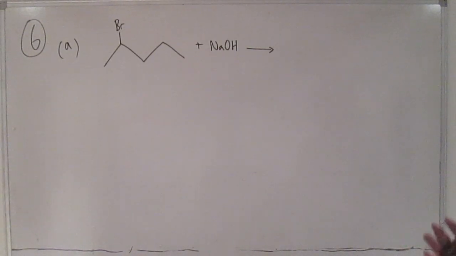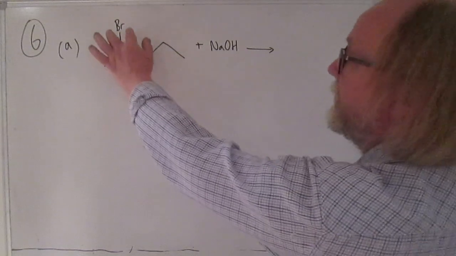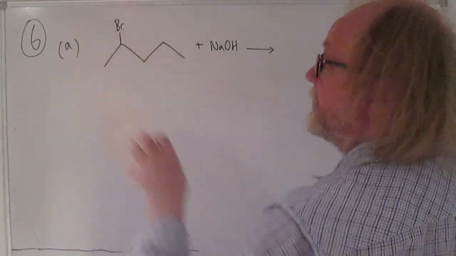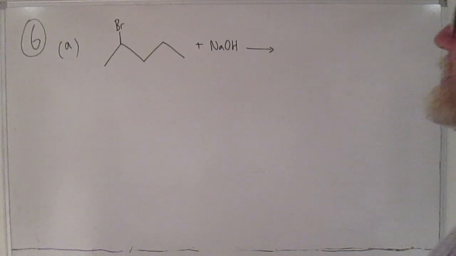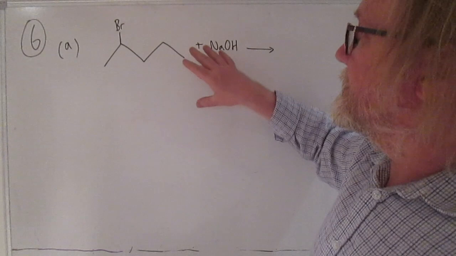Question 6 then is another way of making alcohols, which this time is a substitution reaction for a haloalkane, in which we can replace the halogen with an OH group in a nucleophilic substitution reaction. So again, this is something you should know all about from the haloalkane stuff that we've already done. So again, the equation is really simple because it's a straight swap. Carbon chain stays the same.